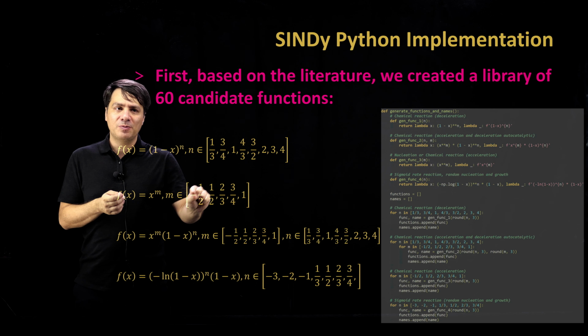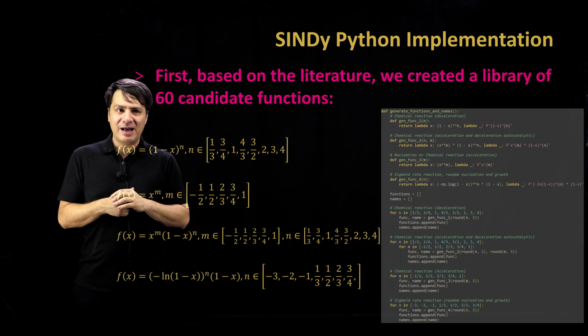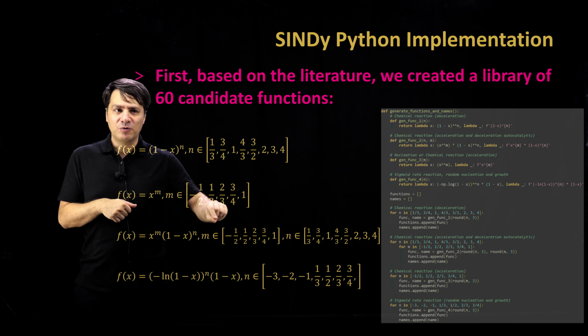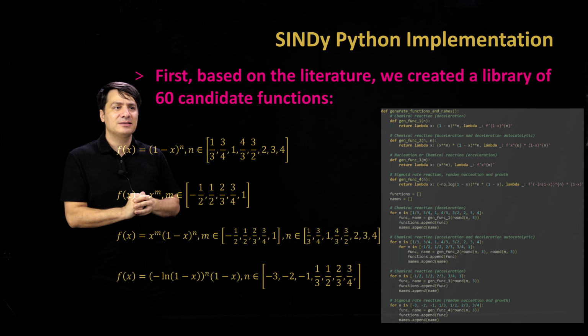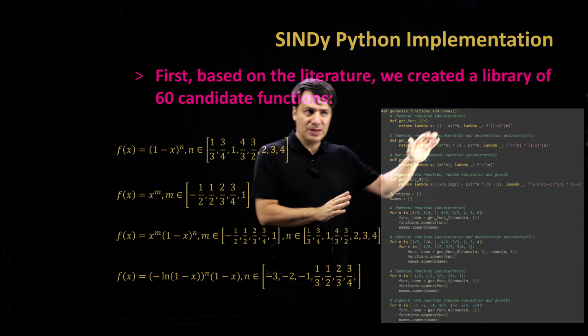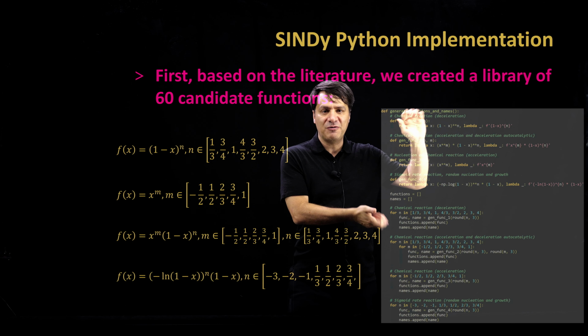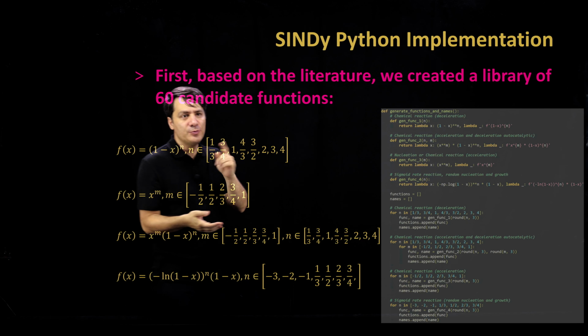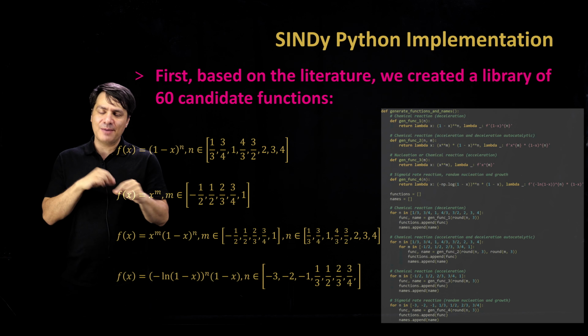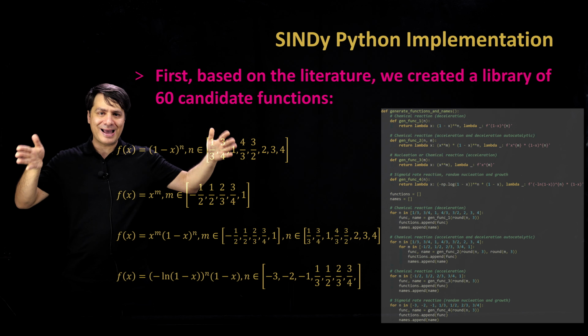We do x to the power of m, again, m with specific values, x to the power of m, 1 minus x^n, and a logarithmic function which represents diffusion. So this part of the code, which is a function within the code, creates all of these functions. It basically loops through every function, changes m, and creates this function and adds it to the library.